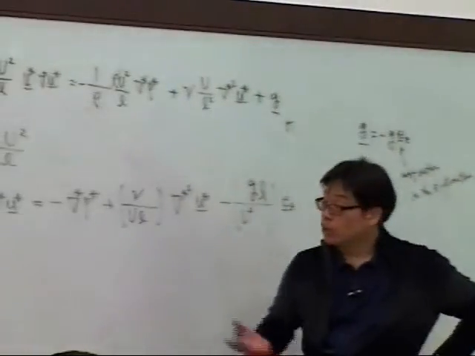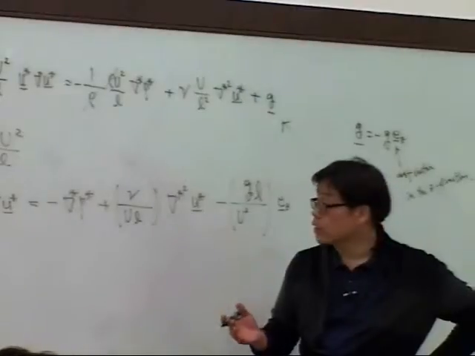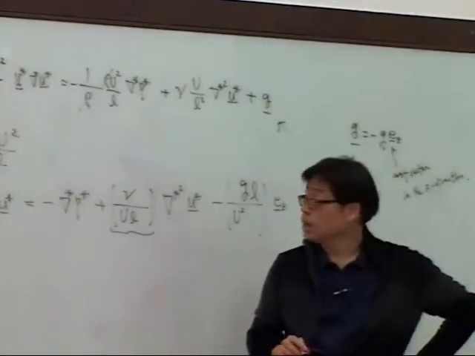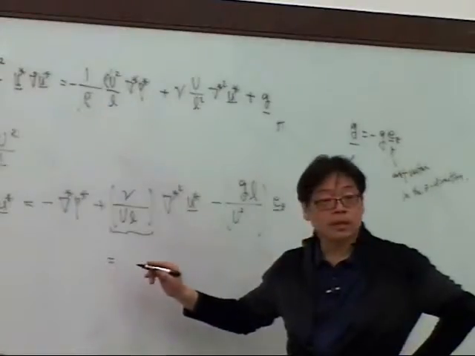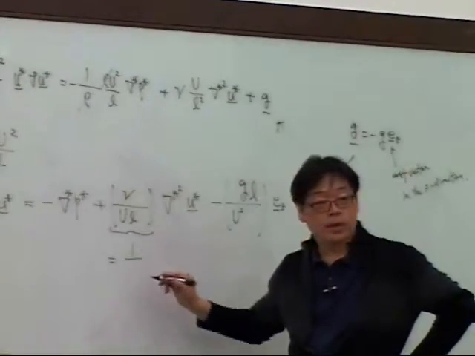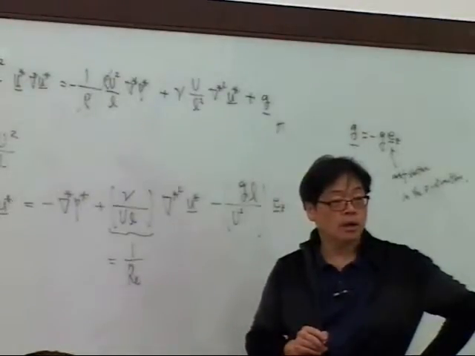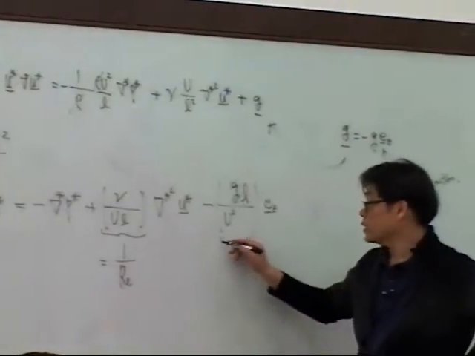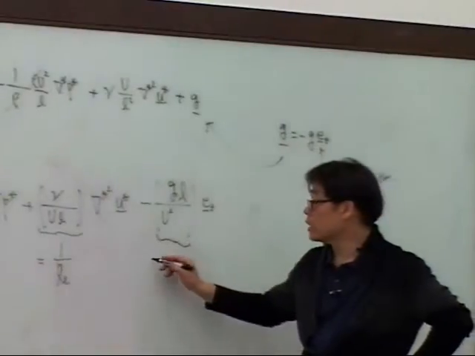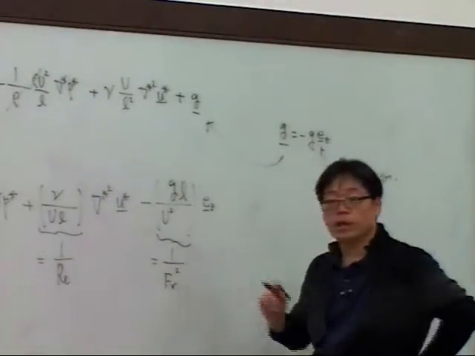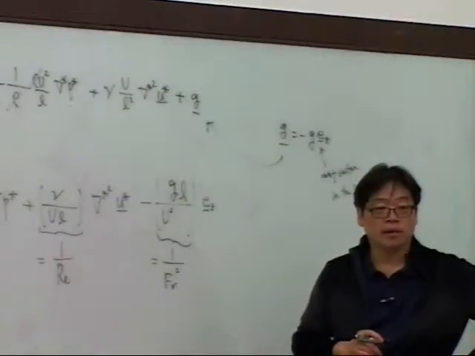So now, when we non-dimensionalize Navier-Stokes equations, this guy is nothing but 1 over Reynolds number. Okay? This guy is nothing but 1 over Froude number squared.